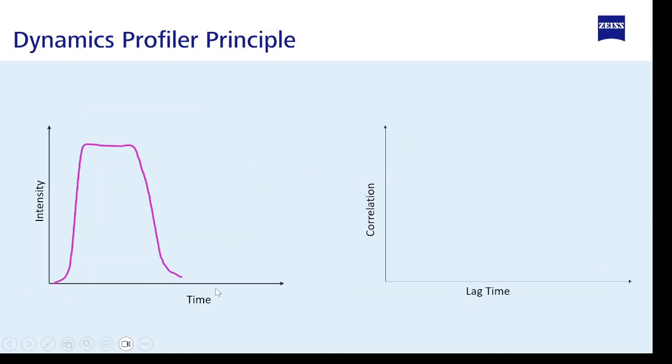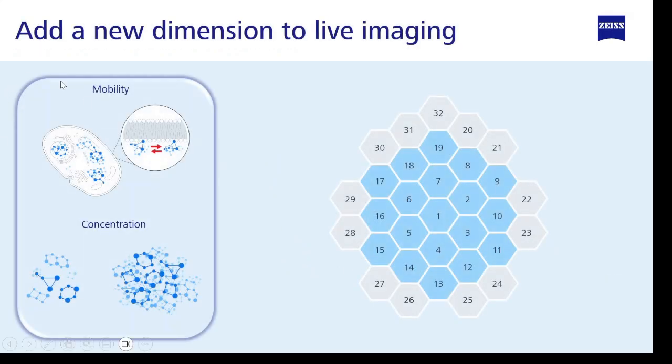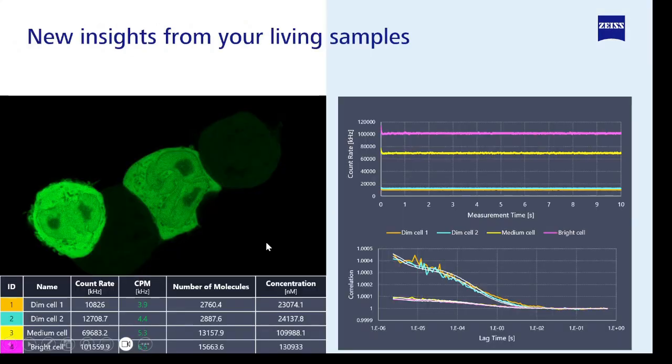And then we duplicate this intensity trace and compare it with itself by shifting in time, and then we get the correlation curve. From this correlation curve, we can already get a lot of information, like the information of mobility and concentration.